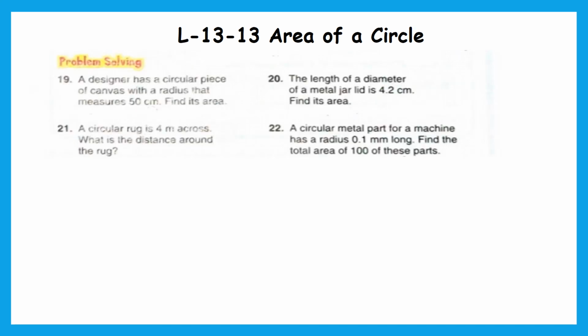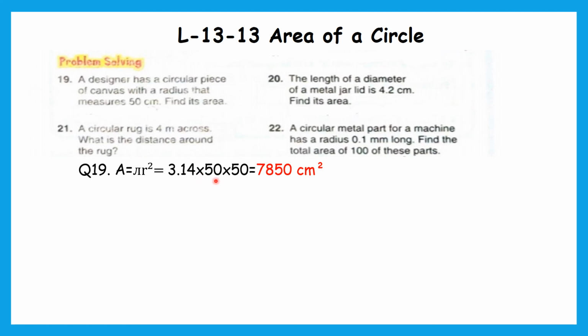Now problem solving. Question number 19. A designer has a circular piece of canvas with a radius that measures 50 centimeter. Find its area. What is the formula? Pi r square. And what is the radius? 50 centimeter.